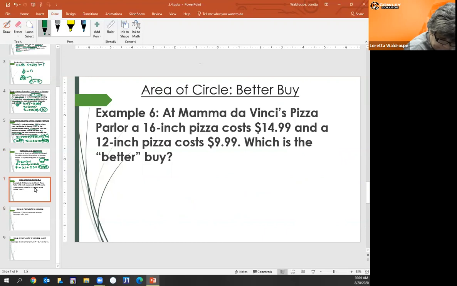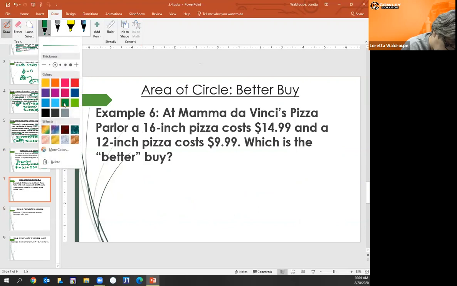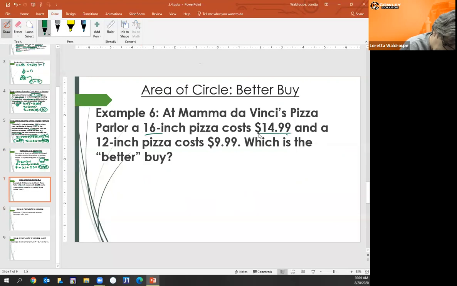What's the better buy? At Mama Da Vinci's pizza parlor, a 16-inch pizza costs $14.99. A 12-inch pizza costs $9.99. Which one's your better buy? Well, first you want to find the area, which is pi r squared, of each circle.